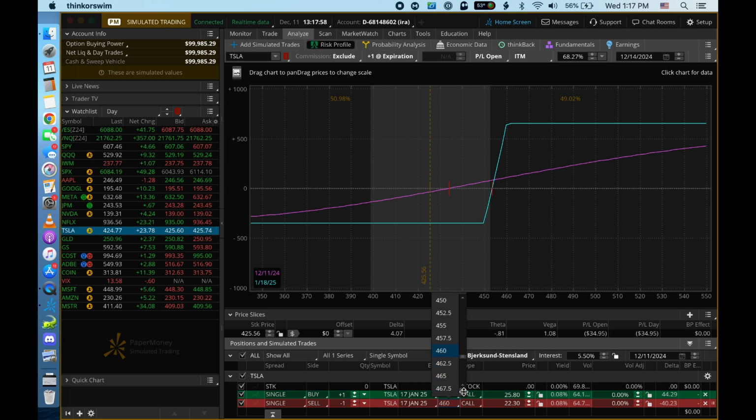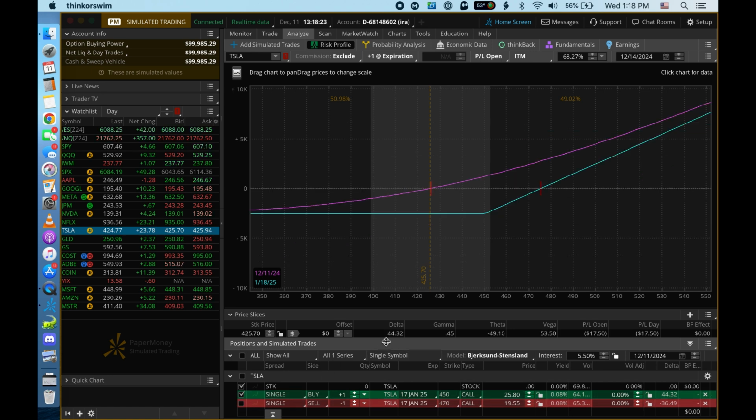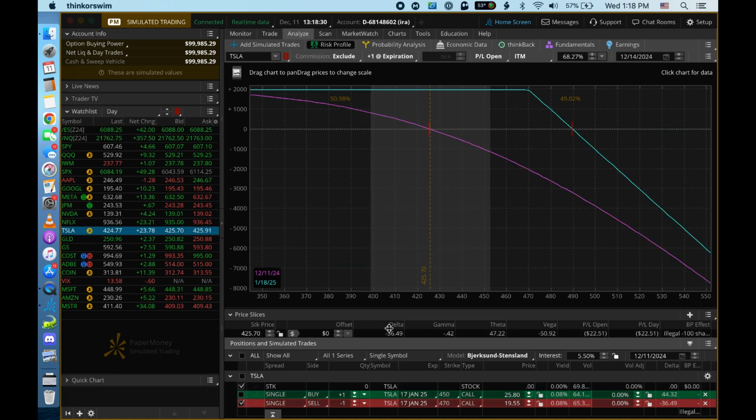So I'm going to change this back to 470. This is still a bullish trade because the long call has the biggest delta. Therefore, it is the dominant option. The gains from the long call overpower the loss from the short call. So, if we look at the Greeks here, we can see that the long call has a delta of 44.32, and the delta of the short call is negative 36.49.